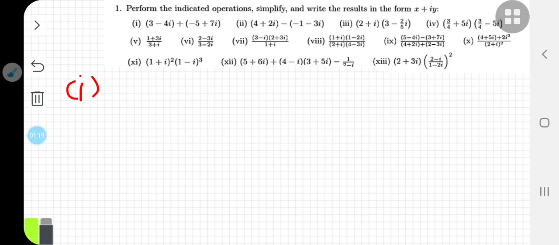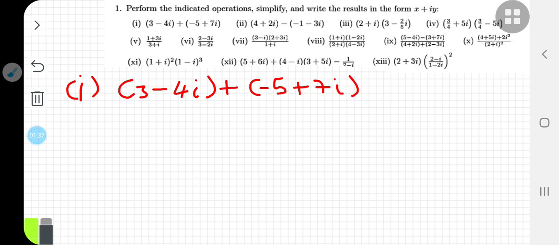Question 1 is telling us to express 3 minus 4i plus negative 5 plus 7i. When adding complex numbers, you add the real part with the real part, the imaginary part with the imaginary part.